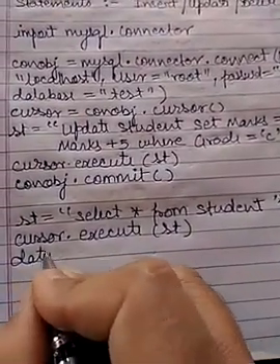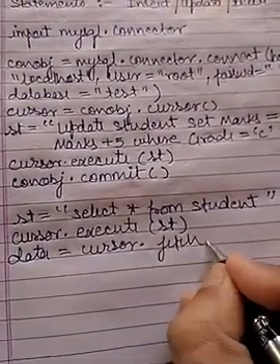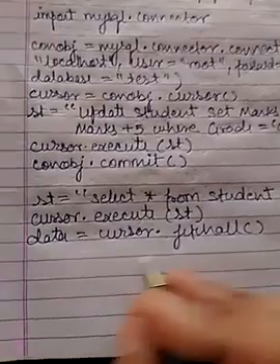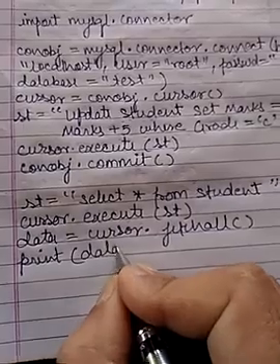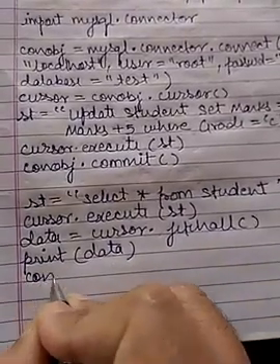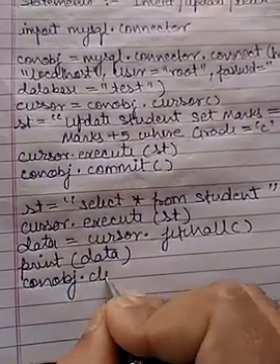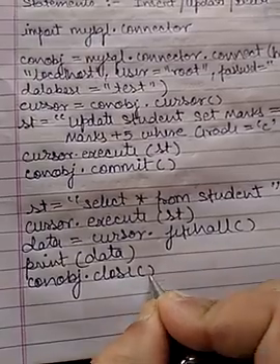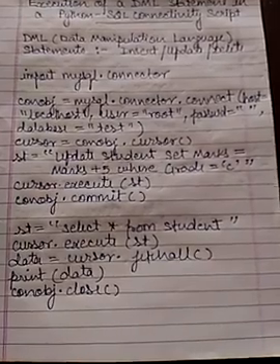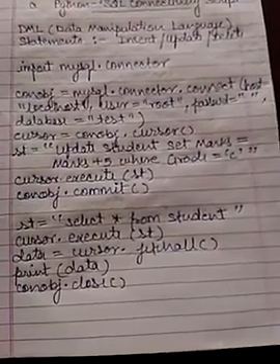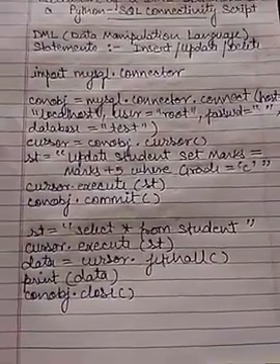Now data equal to cursor dot fetchall, print data, connection object dot close. So this is the complete script which will update the record as well as it will display the record in the same script after updating the record in the database.